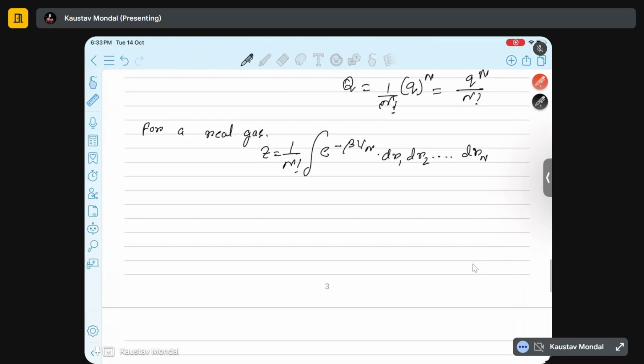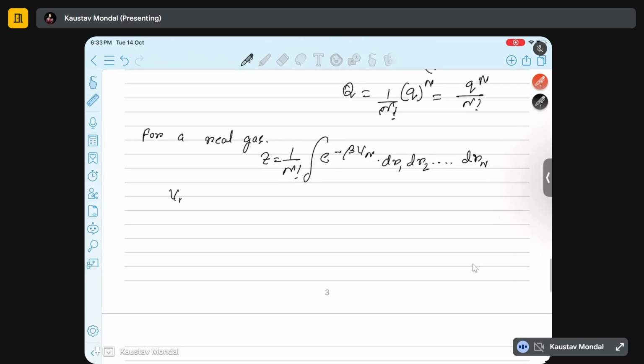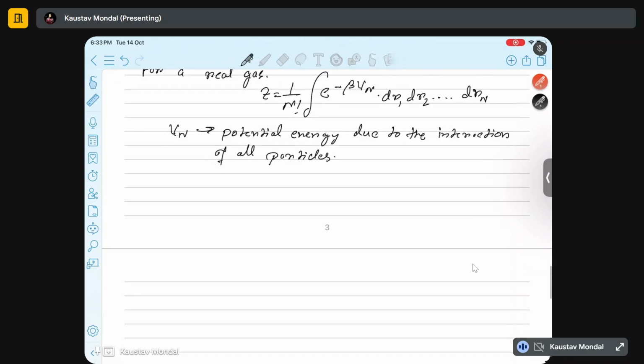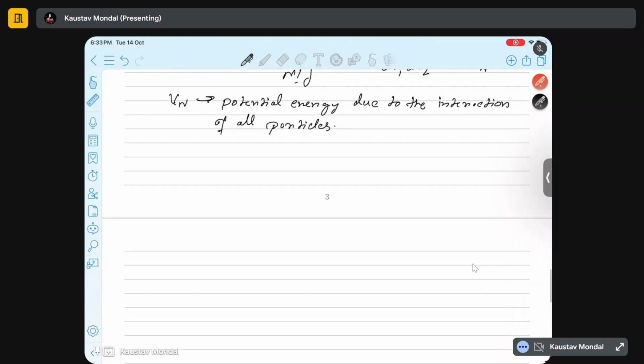This V_N is basically the potential energy due to the interaction of all particles. Okay. This is given by this quantity V_N, the interaction.